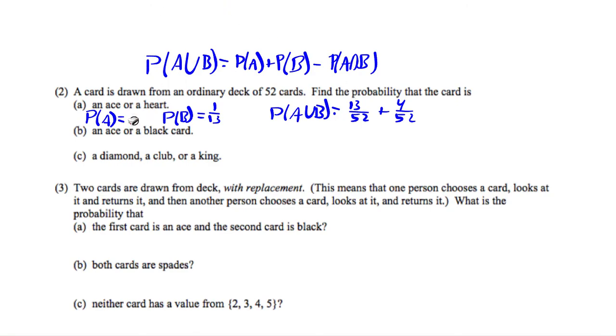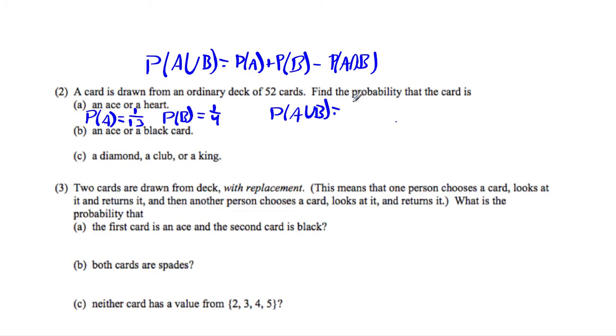Sorry, I got this wrong. These are actually the right probabilities, but the probability of picking an ace is 1/13, and the probability of getting a heart is 1/4. I got those probabilities mixed up.